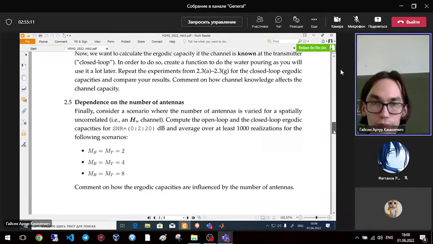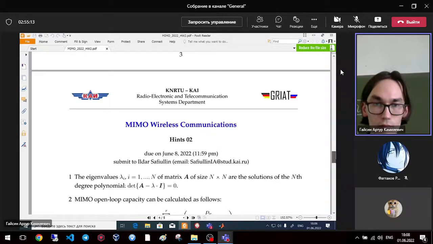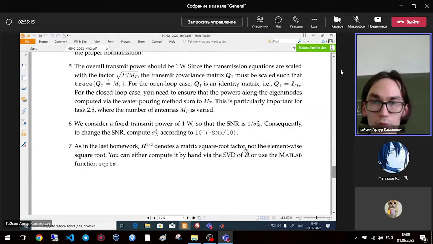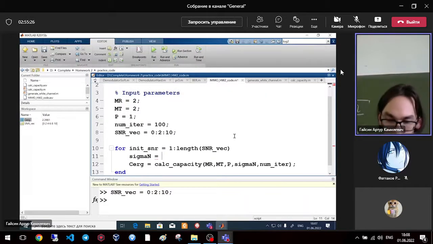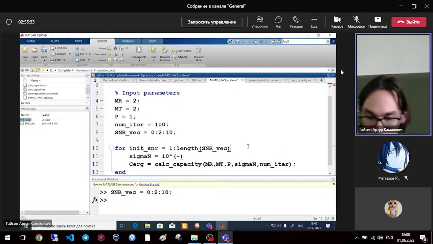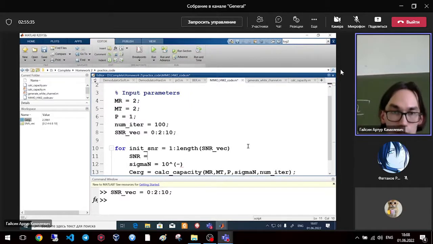So let's check it. So yes, this one. So this sigma n is equal to 10 in the power of minus signal to noise ratio divided by 10. We can write 10 in the power of minus, and also let's use SNR as SNR vector with init SNR.